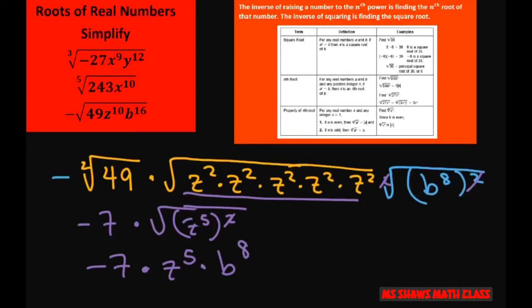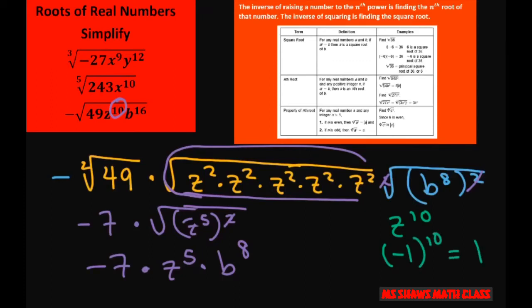All right. And for the 5th one, this one right here, since it's to the 10th power, if I have z to the 10th, and I plug a negative number in here, say negative 1, that's going to be positive 1. But if I plug a negative 1 in here, this z to the 5th is going to turn negative.